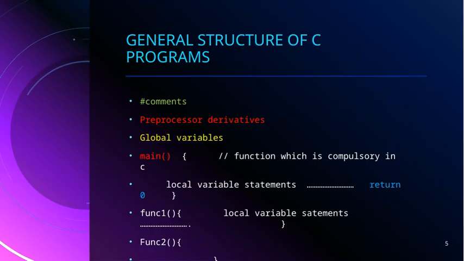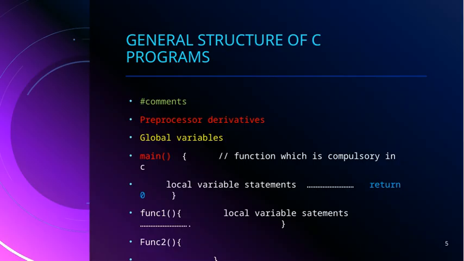Now, the core of every C program is the main function. This is a special function where the program starts executing. Inside main, we have local variable statements, which are variables declared within the main function itself. These variables are only accessible inside main, helping us manage data specific to that part of the program. You'll also see other functions like func1 and func2. These are user-defined functions that perform specific tasks.